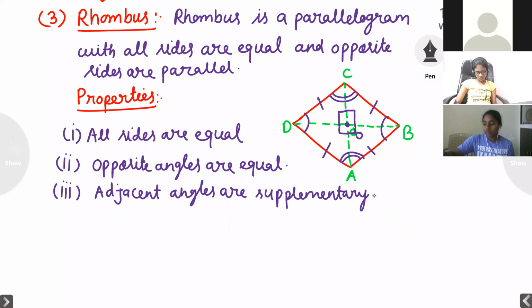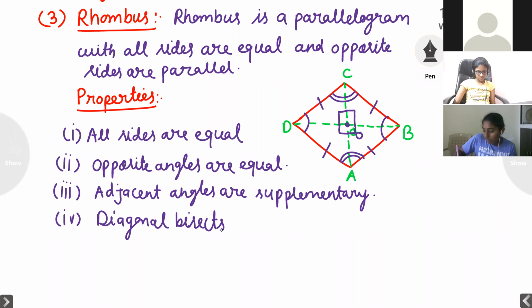Fourth property, diagonals bisect each other at 90 degrees. Now the quadrilateral family is completed.